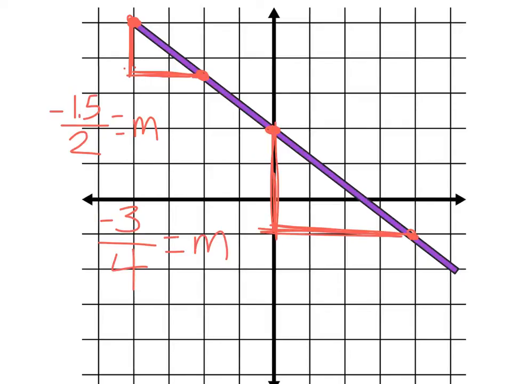Hopefully you can see that those slopes are the same. And if you divide negative 1.5 by 2, you're going to get a slope of negative 0.75. If you divide negative 3/4 would be negative 0.75.